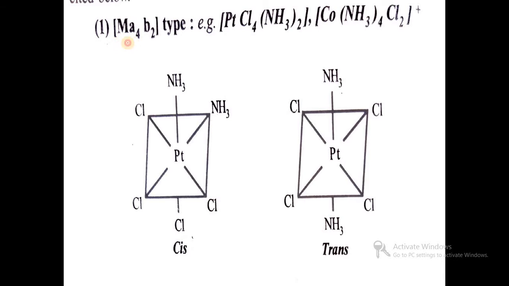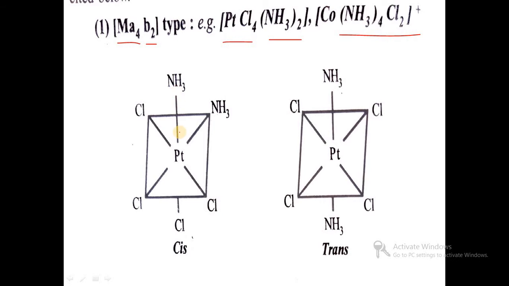The first example, MA4B2, A 4 times, B 2 times, is Pt(Cl)4(NH3)2, diamminetetrachloroplatinum(IV). Another example is tetraamminedichlorocobalt(III). These two complexes will show geometrical isomerism as cis and trans.